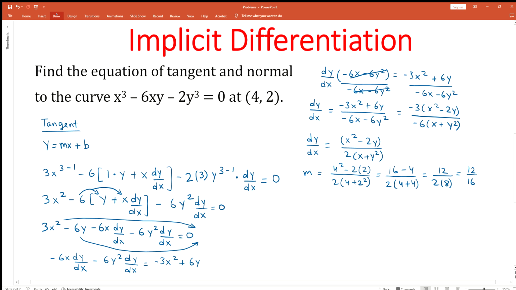Twelve over 16 can be reduced to 3 over 4. This is the slope of the tangent line. We can sub in this m value in the general equation for the tangent line.